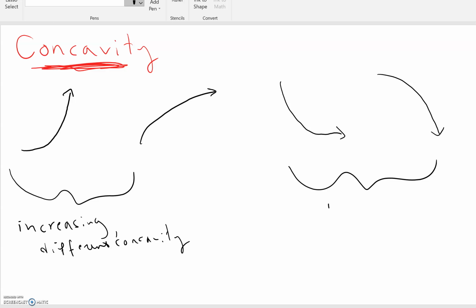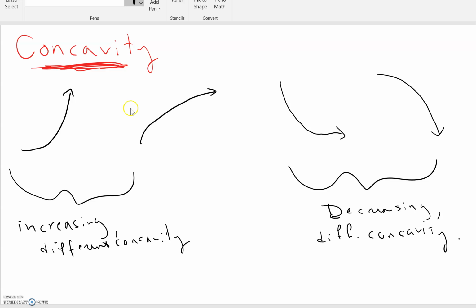These are both decreasing but different concavity. Okay, so what's the different concavity? What is the language that we use for this?